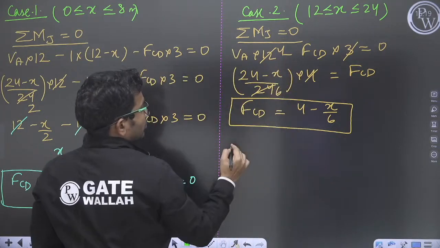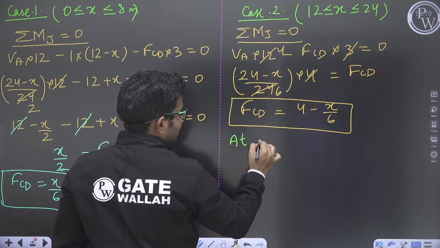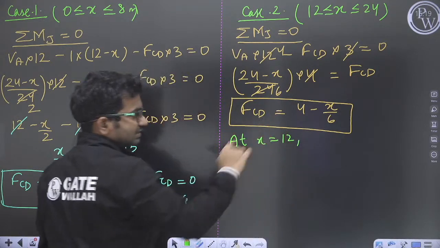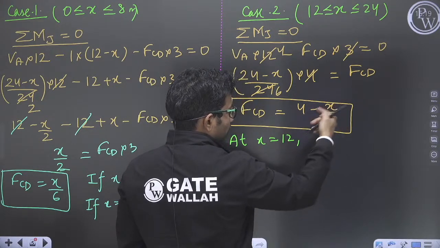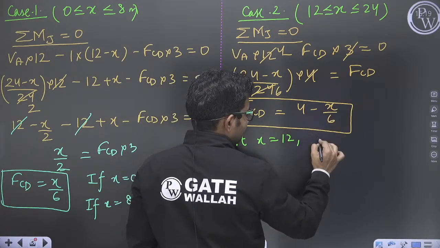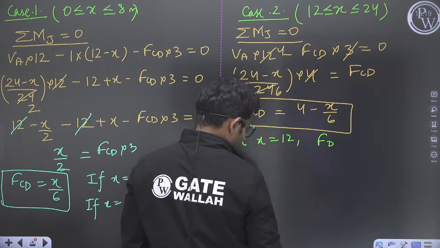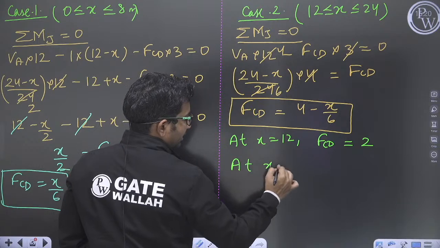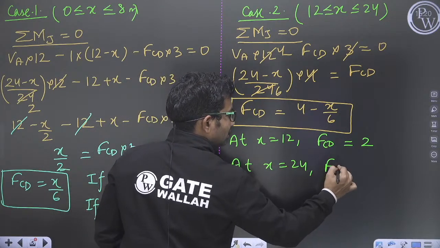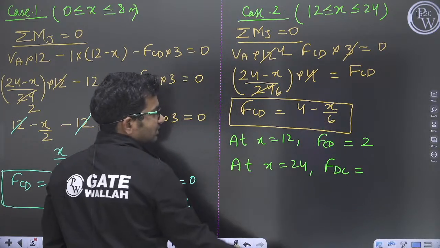Now, x is varying from 12 to 24. So at x equal to 12, this value will come out to be 4 minus 12 by 6, that is 4 minus 2. So FCD will be equal to 2, and at x equal to 24, FCD will be equal to 0.